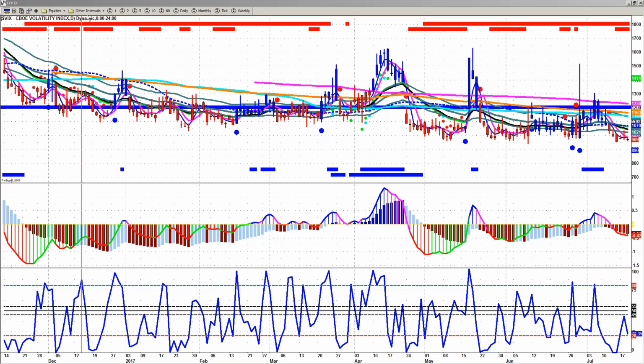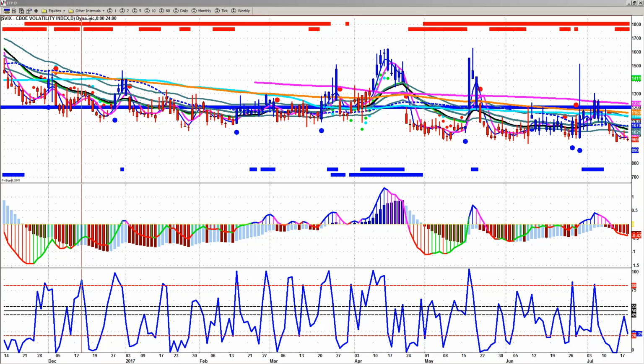So back over 10 years ago, and by the way, what happened afterwards? Well, we kind of know, didn't we? We got a lot of volatility and a lot of selling, didn't we? So these are really important things to understand. Right now, what we're looking for is, I'm still willing to take longs, but I'm very willing to take shorts a little bit more aggressively than I am longs when it comes to the stock indices.